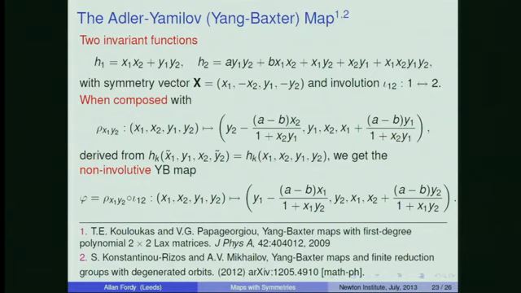And if you compose this involution with this strange-looking one, not rho x, but this involution, then you construct this map, which is called the Adler-Yamilov map. It's Yang-Baxter, but it's not involutive. Most Yang-Baxter maps seem to be involutive, but this one is not. Well, most ones that people have spoken about, anyway.